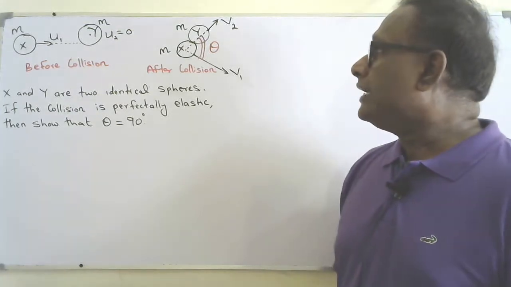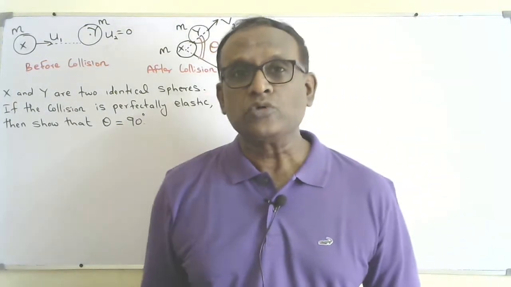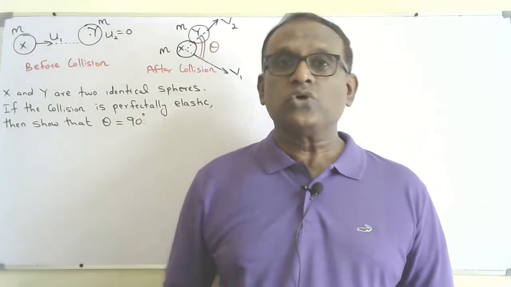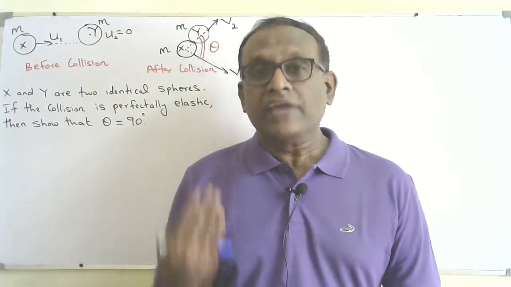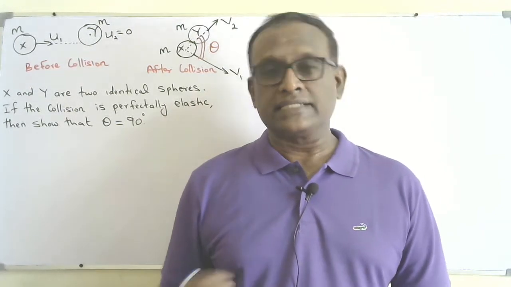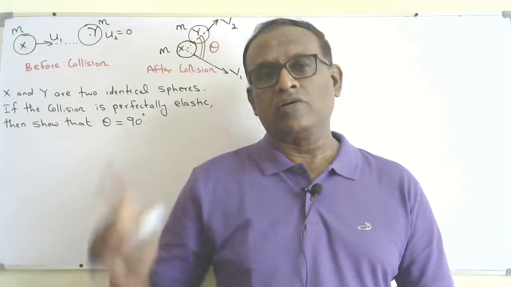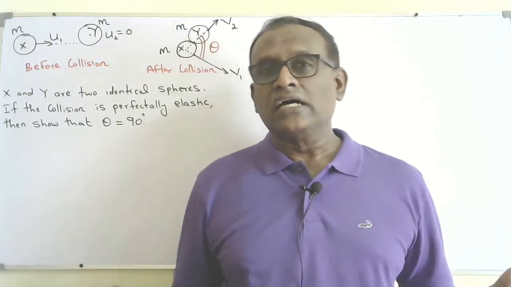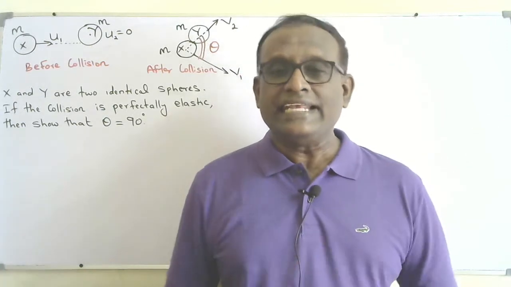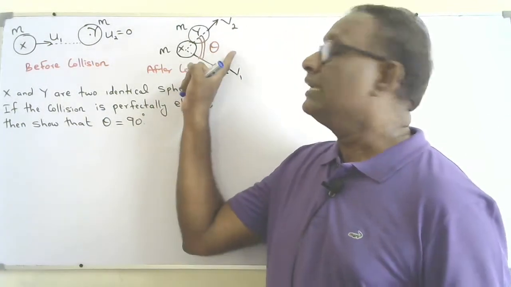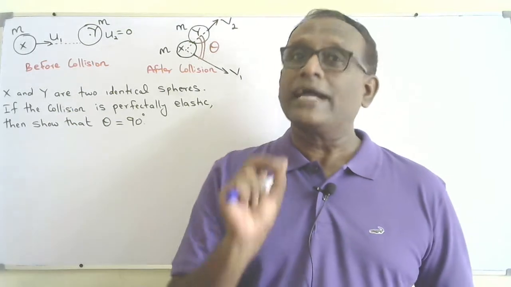In most physics textbooks, this is derived or shown by using a vector diagram and Pythagoras theorem. You draw a vector diagram, then by using some equations, you can easily show that theta is 90 degrees using Pythagoras theorem.